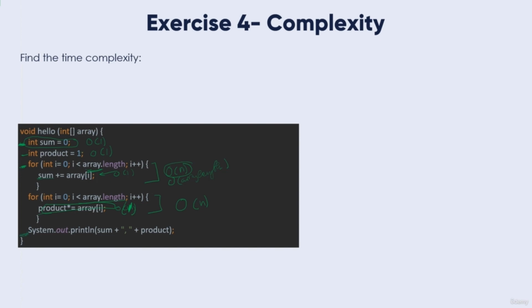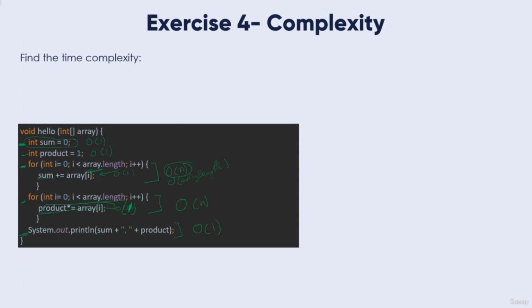Now, System.out.println: we have seen that when printing anything, these are constants, and some of them are variable definitions, so O of 1. Look at this method: we have O of 1, O of 1, O of n, O of n, and O of 1. What is the highest order of this equation?